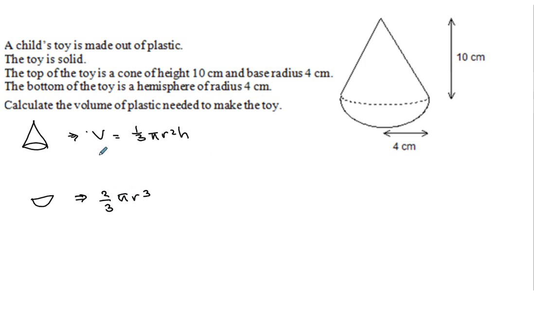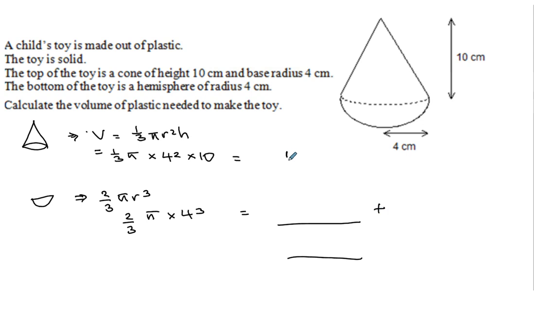Now let's stick the numbers in. So equals 1/3 pi times 4 squared times 10, and you've got 2/3 pi times 4 cubed. We'll go on the calculator, add them, and we'll be done.